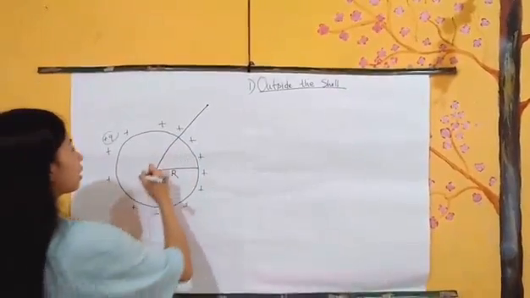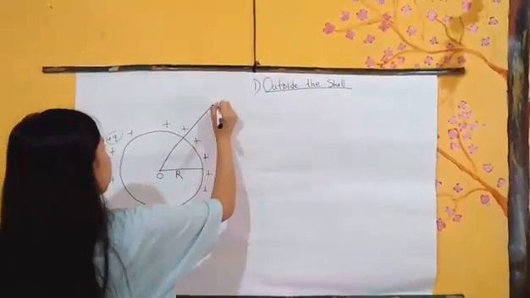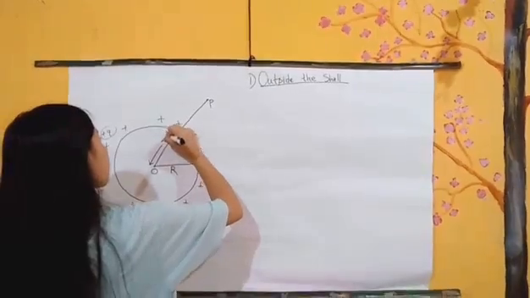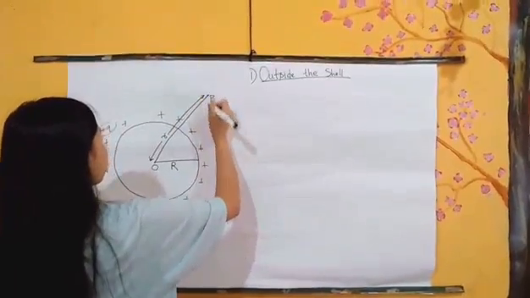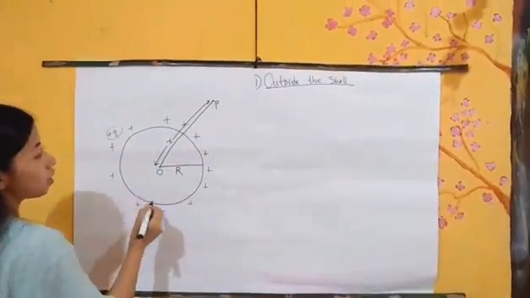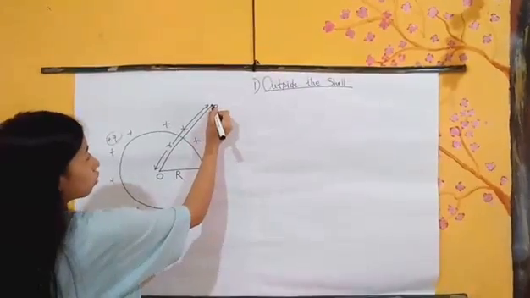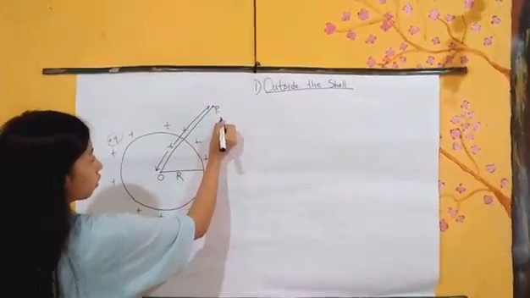And point P is at a distance small r from the center O. So let's apply Gauss law at this point P by drawing a Gaussian surface.